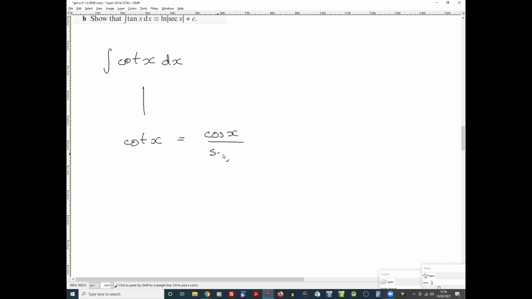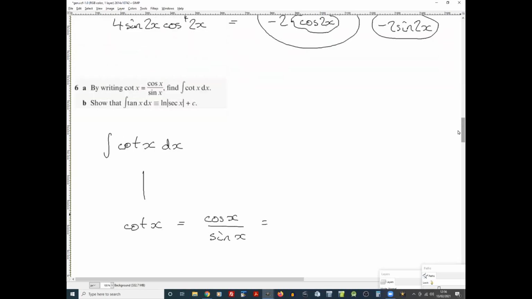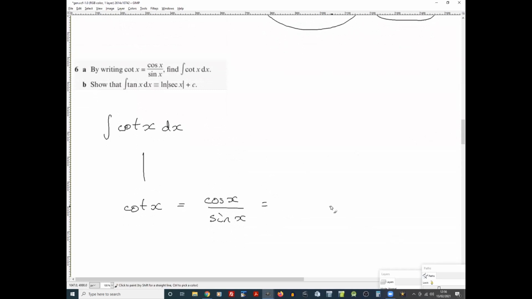So that's the integral of cos x times sine x to the minus 1. And then we can identify the inner and outer functions and the derivative.